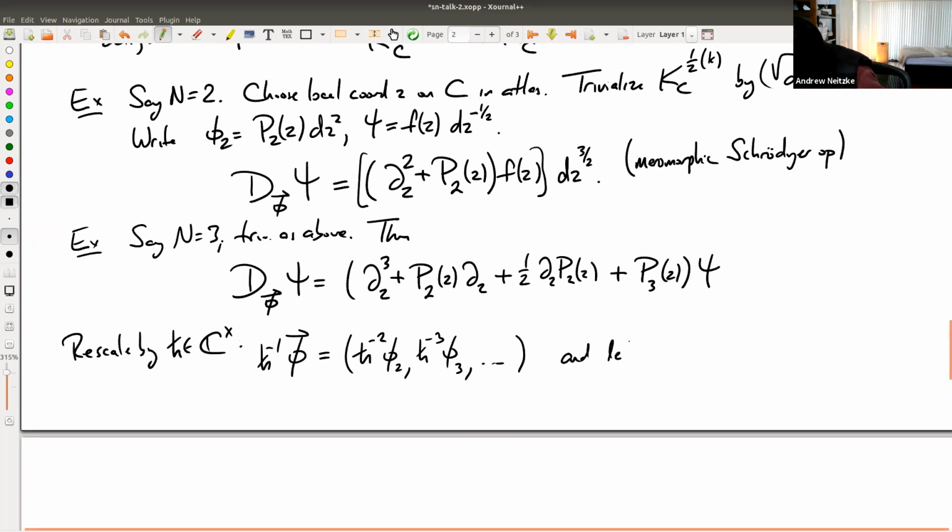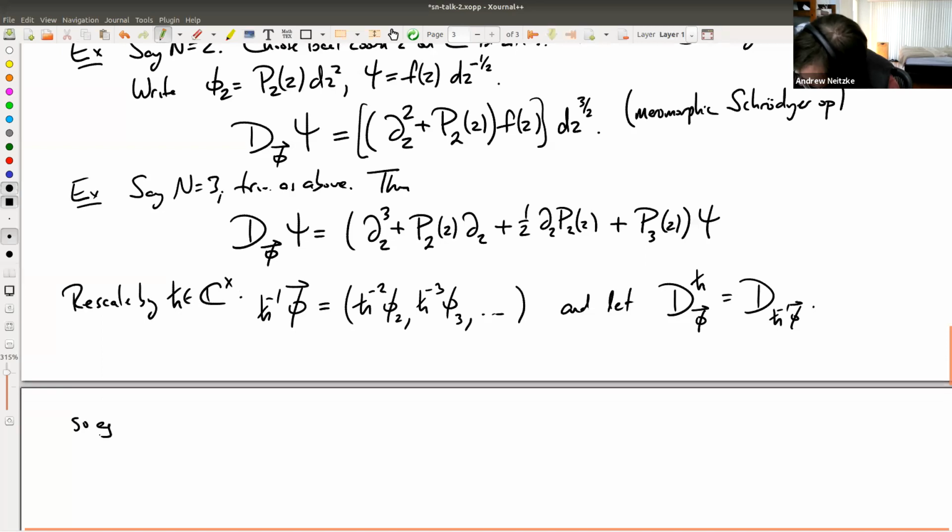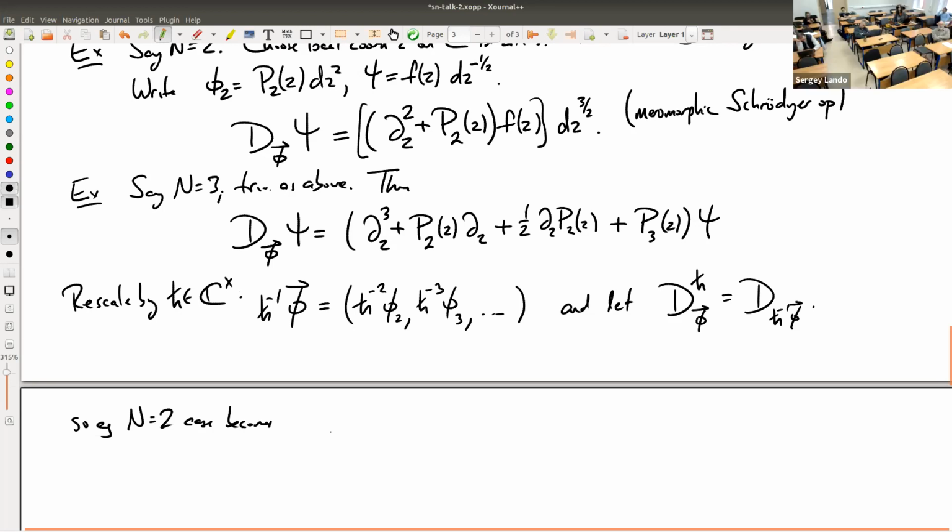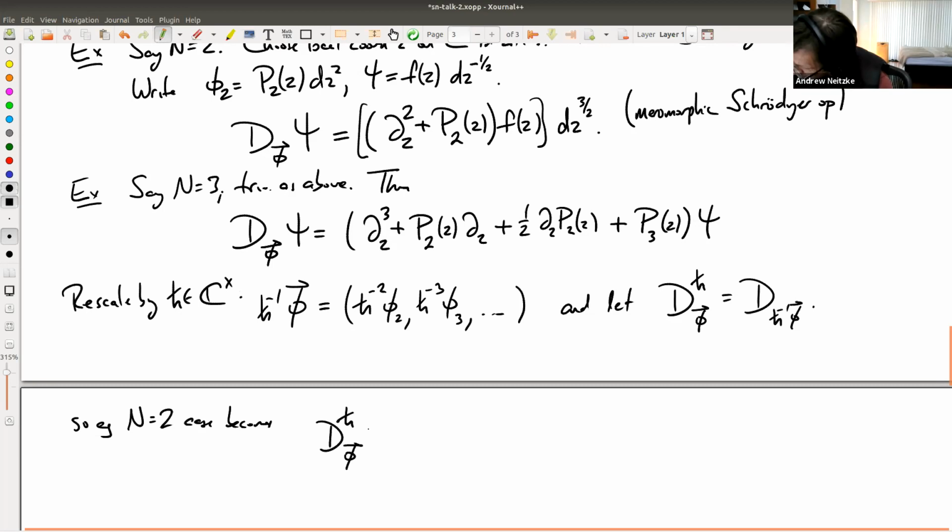And then I'll introduce this rescaled differential operator, d Hbar phi, which will be just the original one where I substitute these differentials depending on Hbar. So for example, the equation that I wrote in the n equals 2 case would now become d Hbar phi of psi.